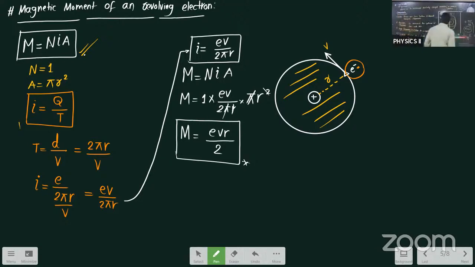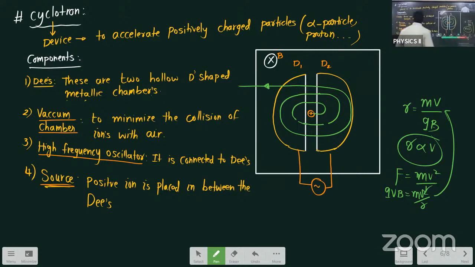Then we discussed another important concept from moving charges and magnetism: the cyclotron. A cyclotron is a device used to accelerate positively charged particles. It consists of a source, a high frequency oscillator, and a vacuum chamber.